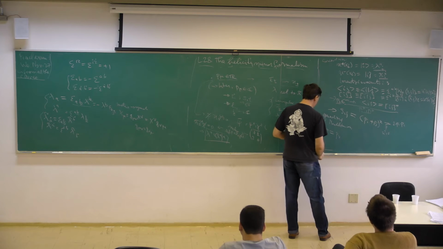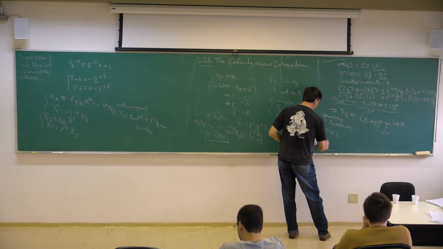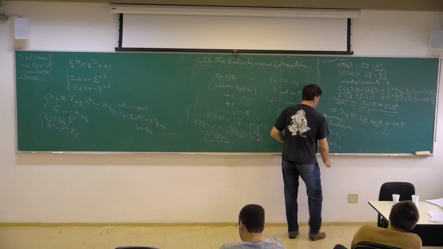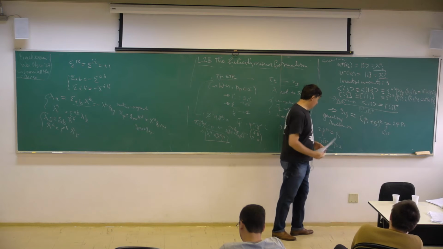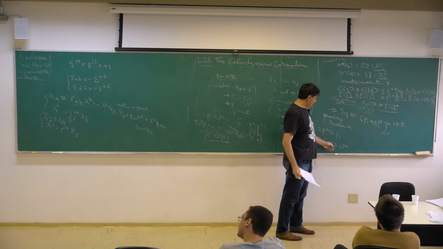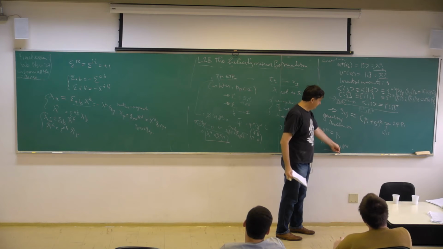So we remember that trace of sigma mu is 2 delta mu. In this case, the trace of the sigma matrix squared is 1, and the trace is therefore 2.